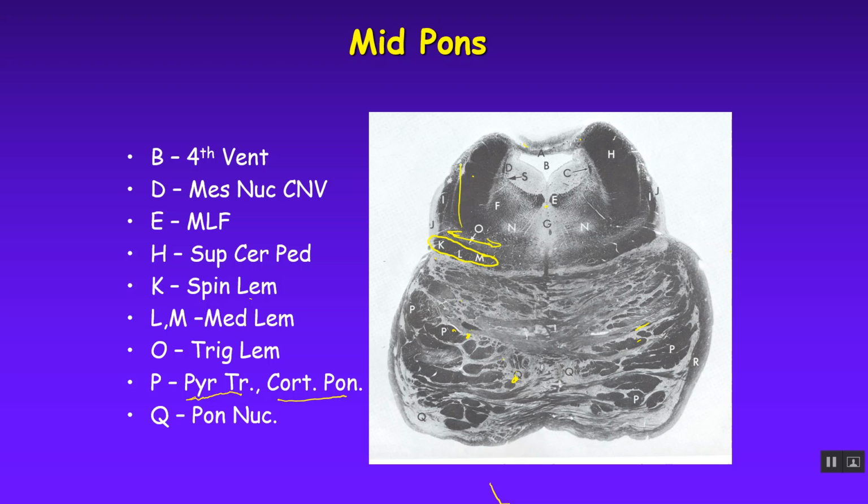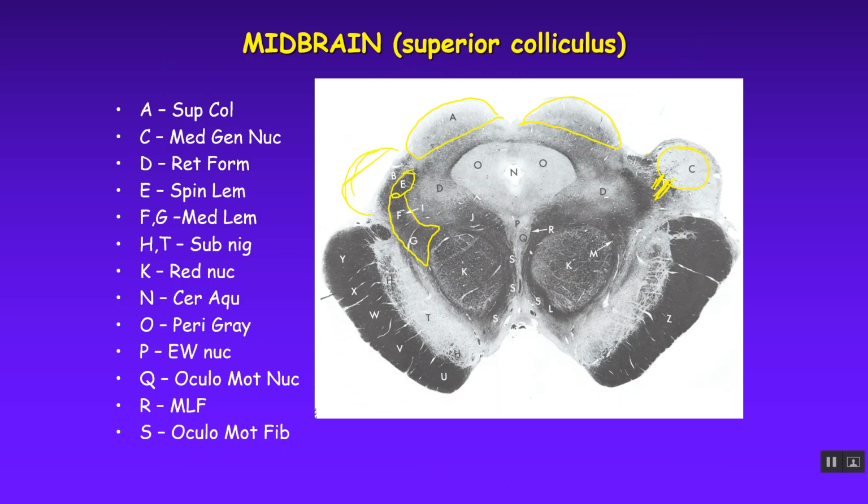As you go up into the midbrain, it continues to twist a little bit into this position. So now the medial lemniscus is here, and you're starting to get into more of an anterior-posterior arrangement again of those structures. So right here, spinal lemniscus right here.